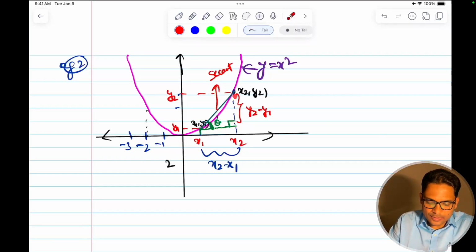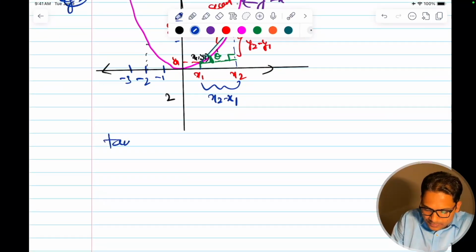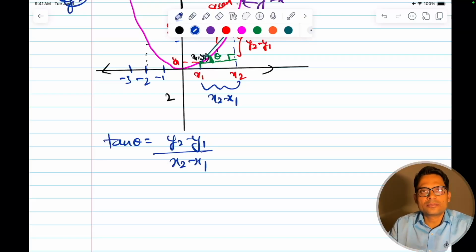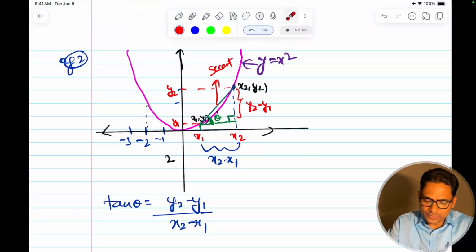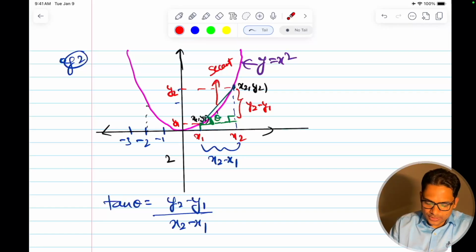Tan theta is perpendicular by base, so I can calculate my tan theta. Tan theta is equal to y2 minus y1 by x2 minus x1. Simple, old school stuff. No problem till here. Rate of change of y by rate of change of x. So this is your tan theta.